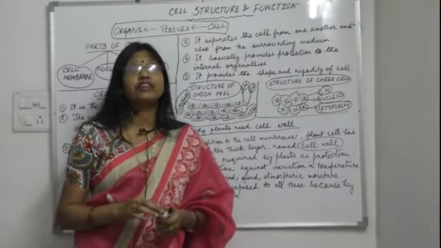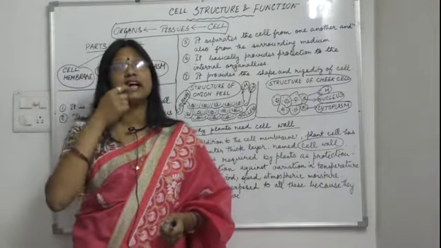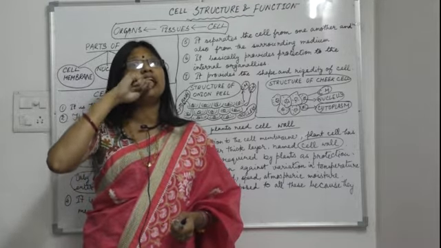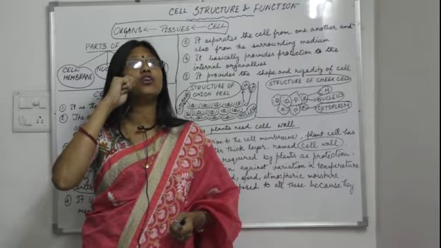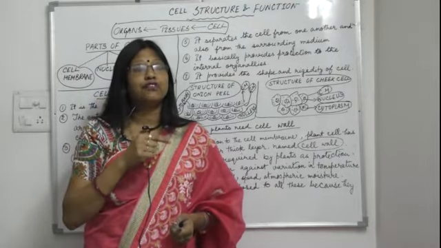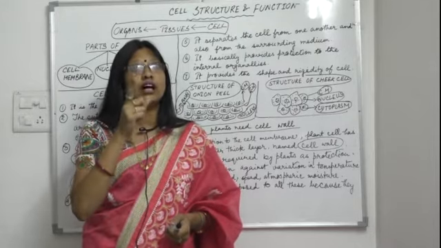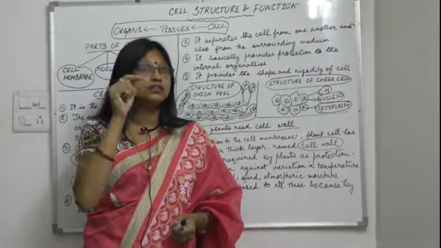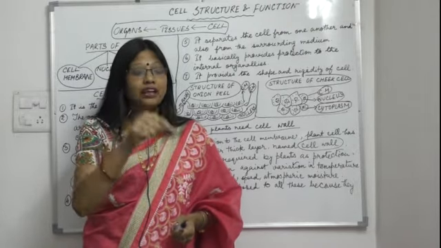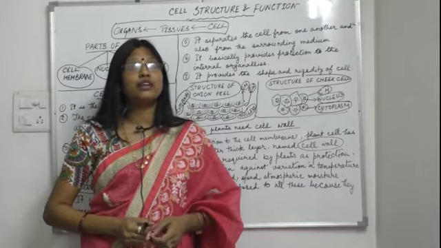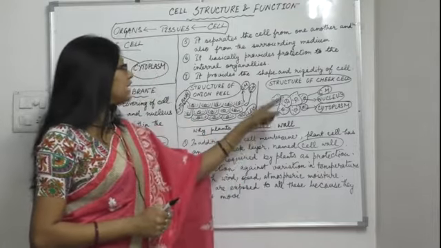Similarly, for the human cheek cell, take a toothpick and gently scratch the inside of your cheek, very carefully so that you don't hurt yourself, and take that material to a glass slide. If you look through the microscope you will see such cells.